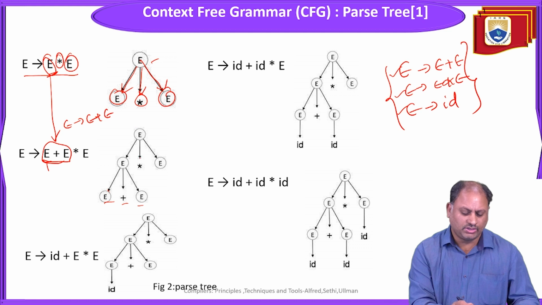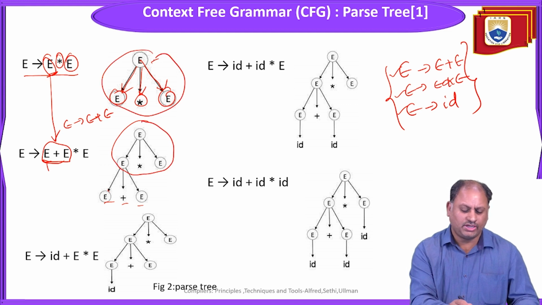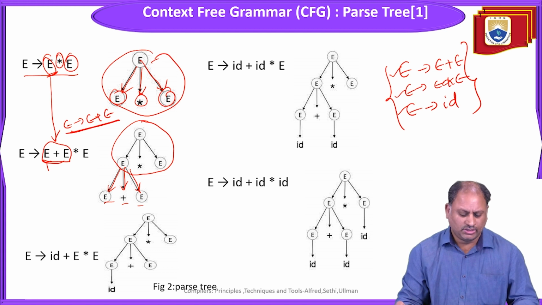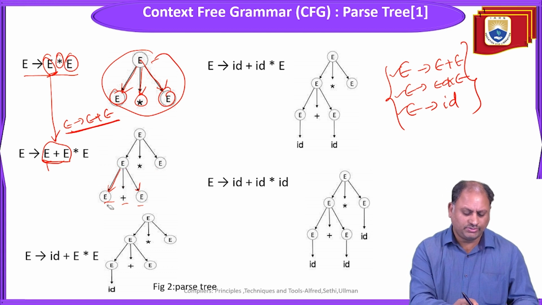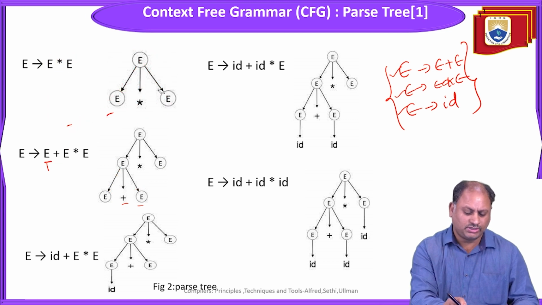For example, with E derives E star E, this portion is kept as it is, as in the previous diagram, but the portion belonging to E derives E plus E is now derived from the previous one because of the applied derivation.